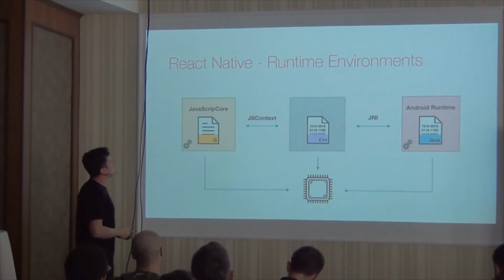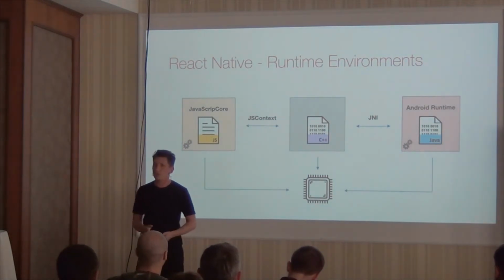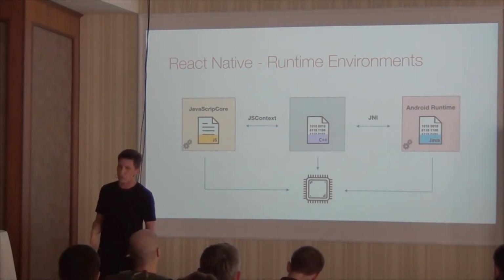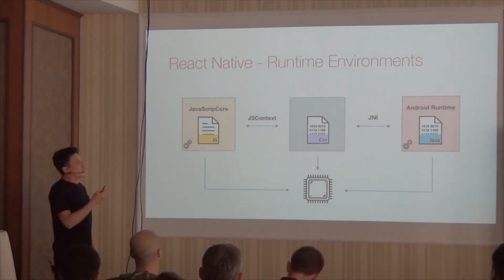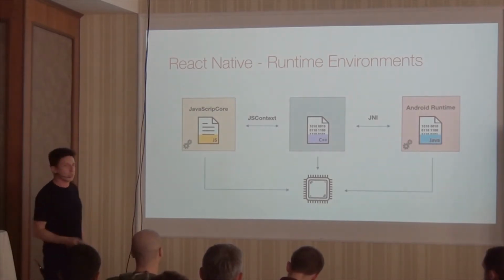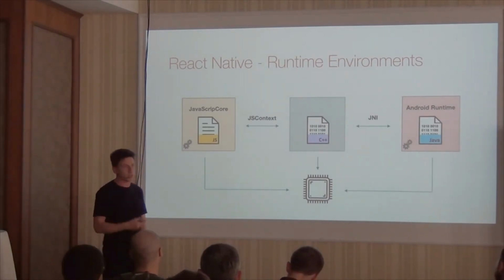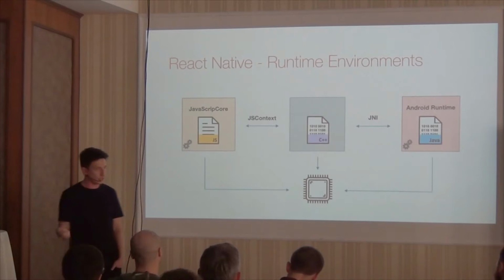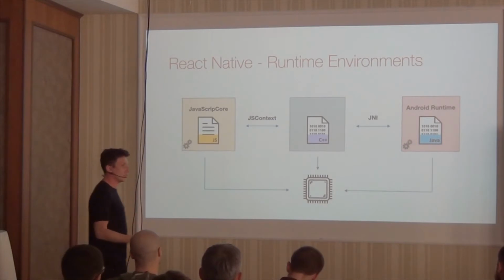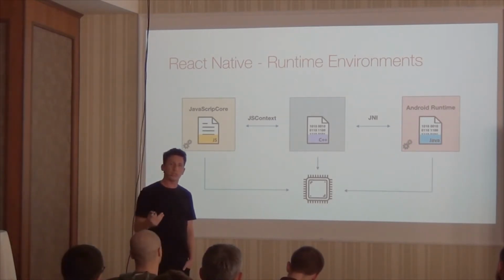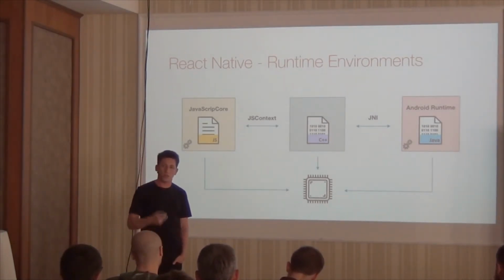To understand the new architecture, we need to understand the runtime environments that we have on our phone when we are executing a React Native application. We have the Android runtime environment, which is the equivalent of a JVM, Java Virtual Machine. It's a virtual machine that executes Java code, Android code. And as any JVM, it has JNI, Java Native Interface, which enables us to communicate from Java to the host machine, to the C++ code of the device.